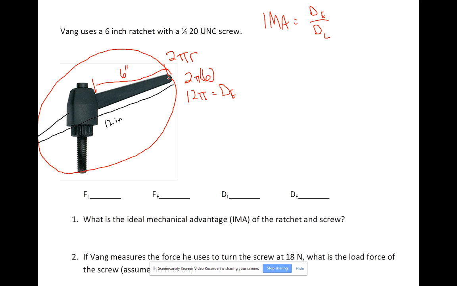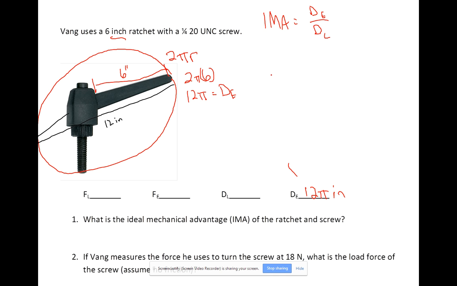Remember, distance of effort is where the human effort is applied. So in the distance of the effort, we'd say 12 pi, and then the units are inches here, so it'd be 12 pi inches. We'll clean this up and make this a decimal answer a little bit later.